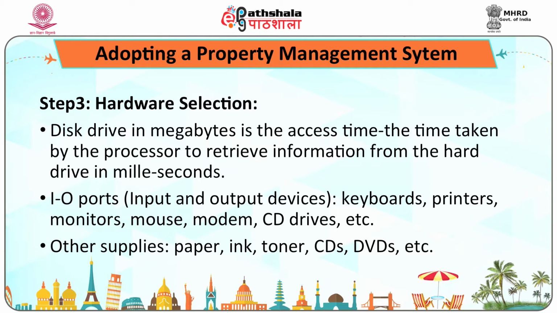Next is I/O ports, that is input and output devices, such as keyboards, printers, monitors, mouse, modem, CD drives and so on. All these input and output drives should be considered. The other thing to consider is the paper, ink, toner, CD and DVD requirements.